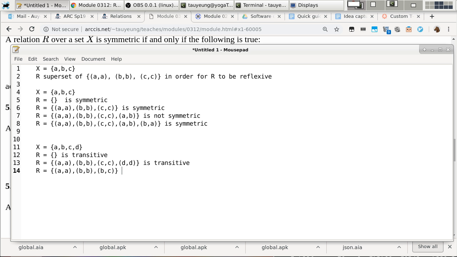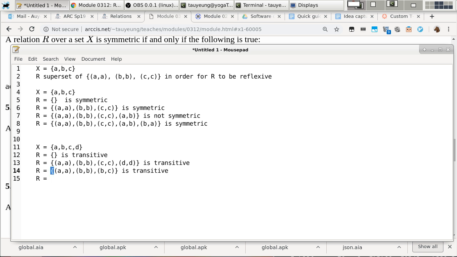Because you can choose E and F to be B, and then you can choose G to be C. But then you have EF, FG, right? But then you also have EG also being okay, because EG is the same thing as FG. Is that okay? Okay, so this is also transitive.